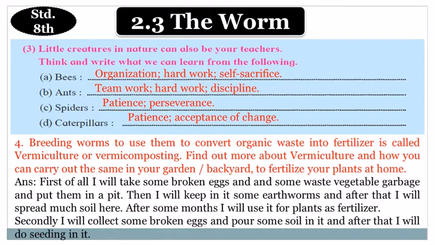Answer: First of all, I will collect some broken eggs and some waste vegetables, garbage and put them in a pit. Then I will keep in it some earthworms and after that I will spread much soil there. After some months, I will use it for plants as fertilizer.